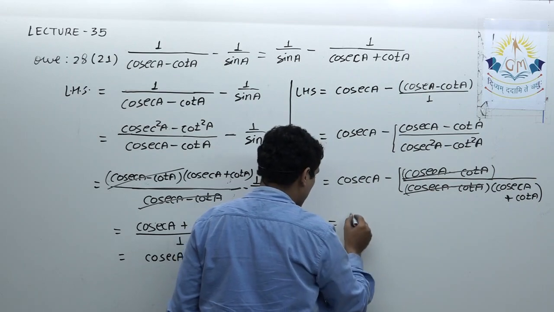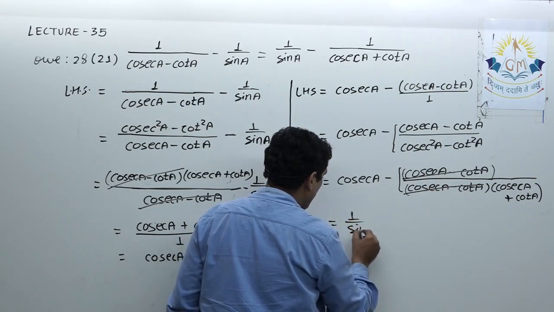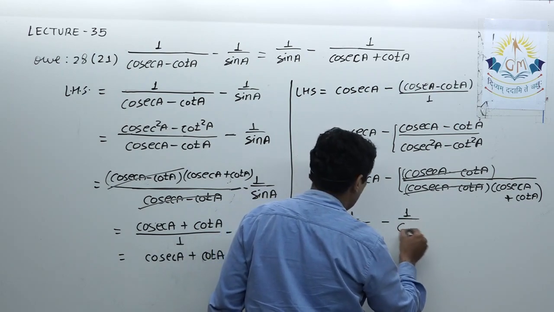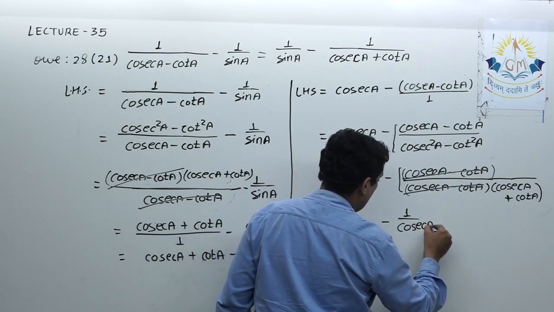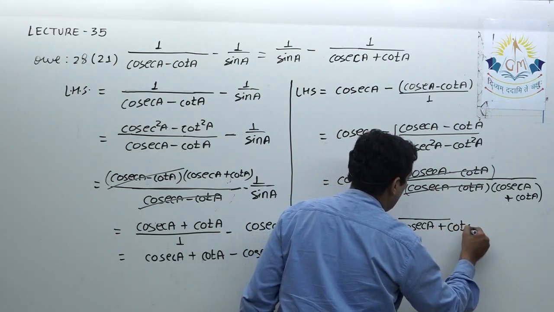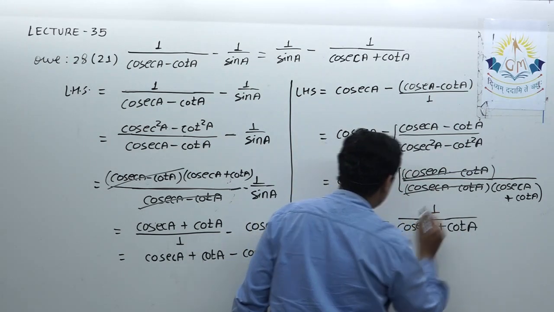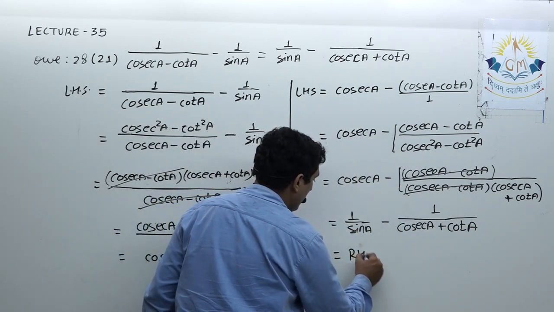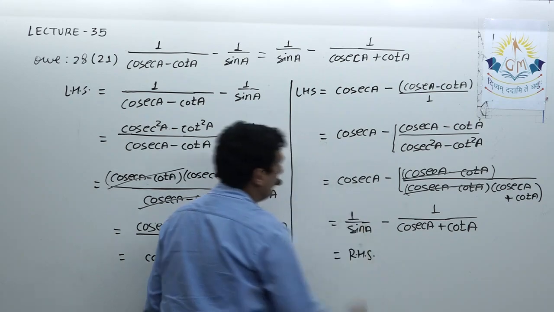So here this cosec A can be written as 1 upon sine A minus 1 upon cosec A plus cot A. So there are so many ways to prove the same. Left hand side is equal to right hand side.